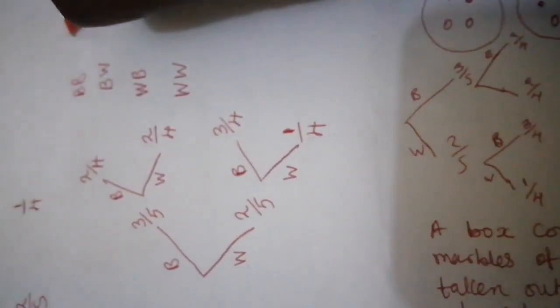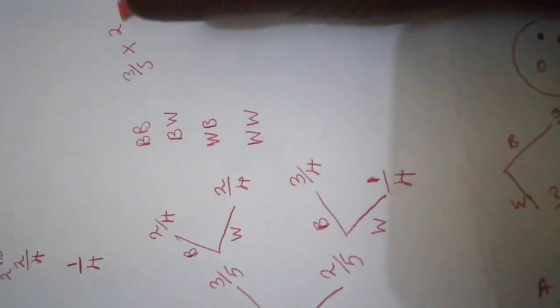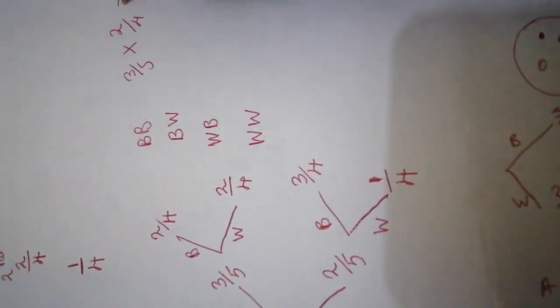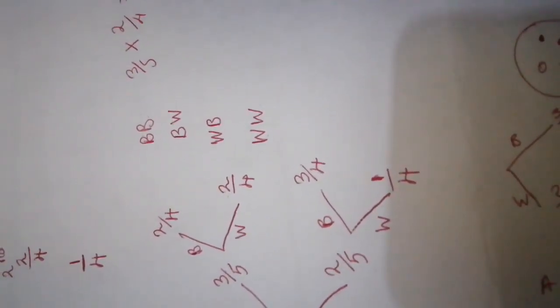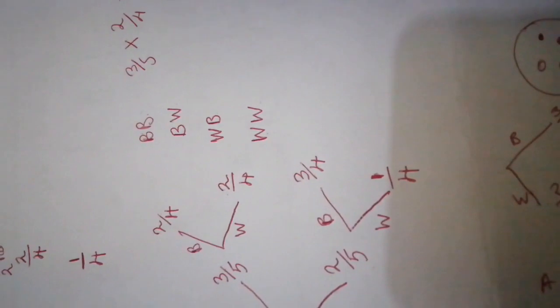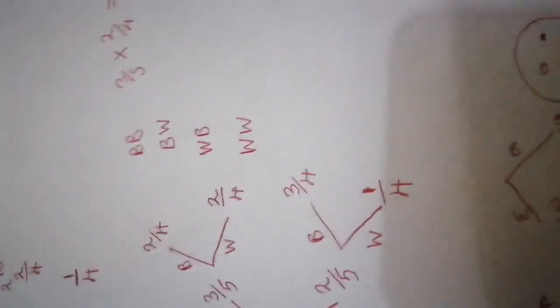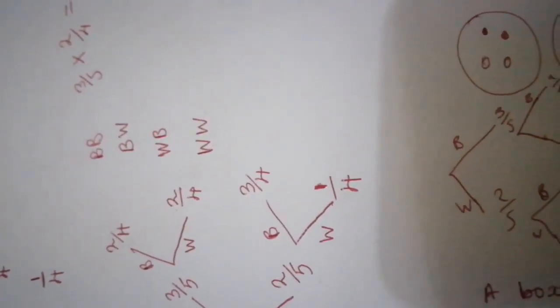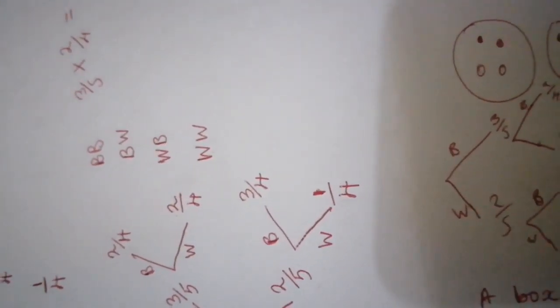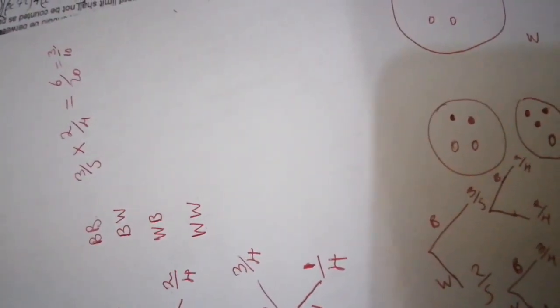So we have 3 over 5 times 2 over 4, which gives us 6 over 20, and it can be reduced to 3 over 10. So the probability of picking both black marbles is 3 out of 10.